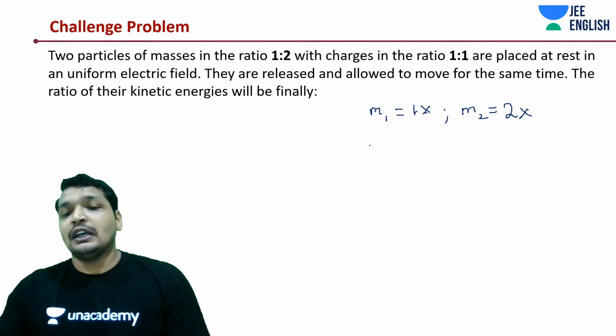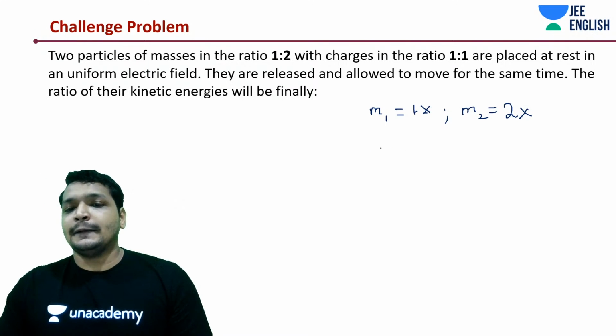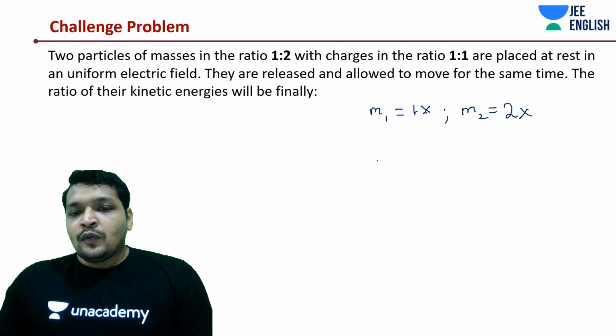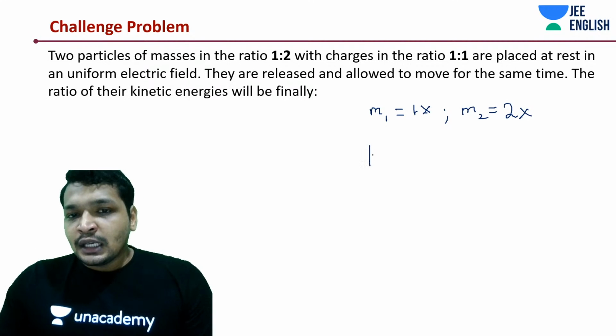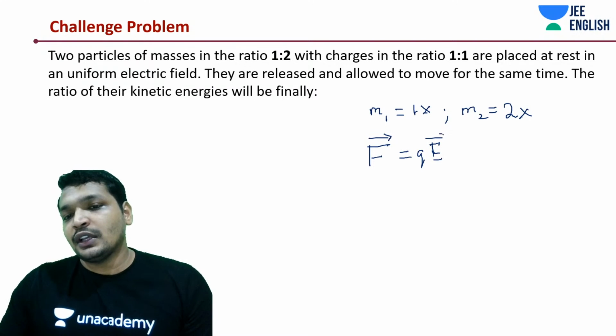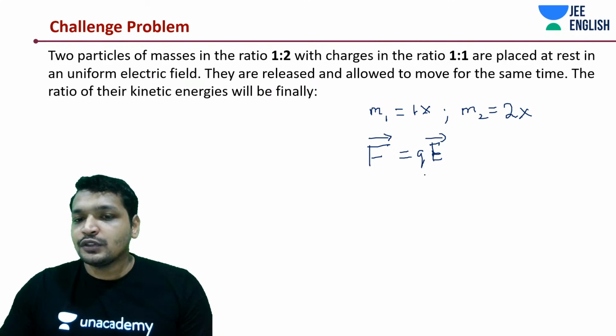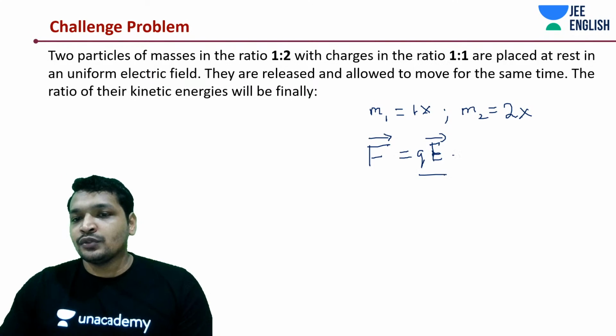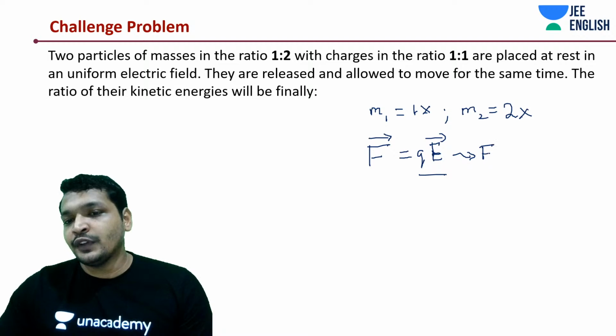Acceleration is F by mass, right? Now we understood one thing: they are going to experience the same force because F is equal to Q into electric field. Force is going to be the same. So F1 is equal to F2.